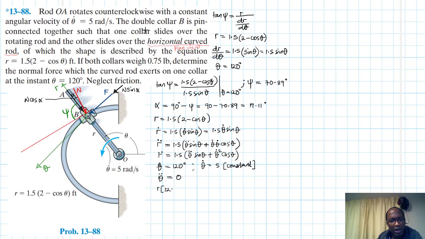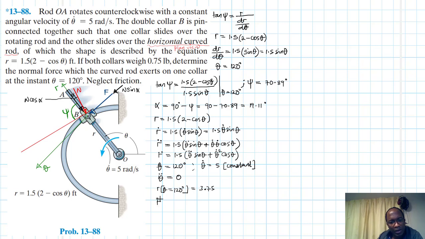So r at theta equal to 120 degrees, this will just give us 1.5 times (2 minus cos 120). So this is a 3.75. Okay, this is a 3.75.